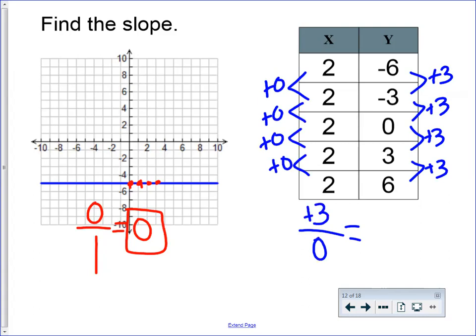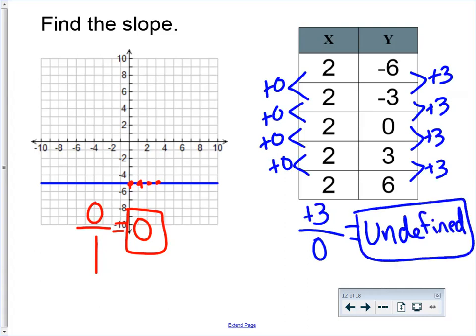However, you cannot divide by 0, so this is undefined. Now, you might also notice that the 2's here are repeating in my x's. And remember, when we talked about functions, how we said x cannot repeat? This also tells you that this table would not represent a function, which makes sense then why the slope is undefined. It has to be a function to have that slope.